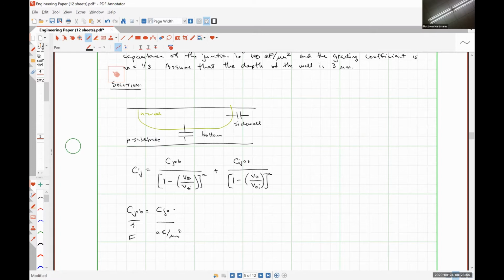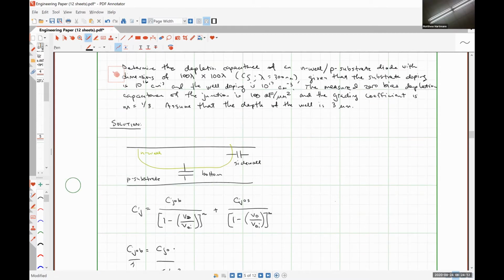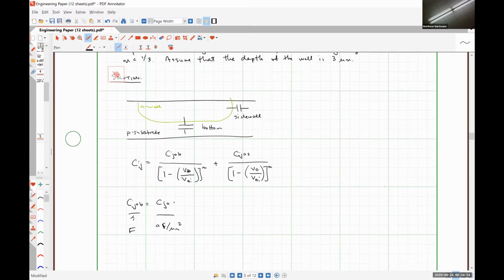So what area are we supposed to be multiplying this guy by? The N-well P-sub dimensions, I think. Right, so it's going to be the 100 lambda by 100 lambda bit.